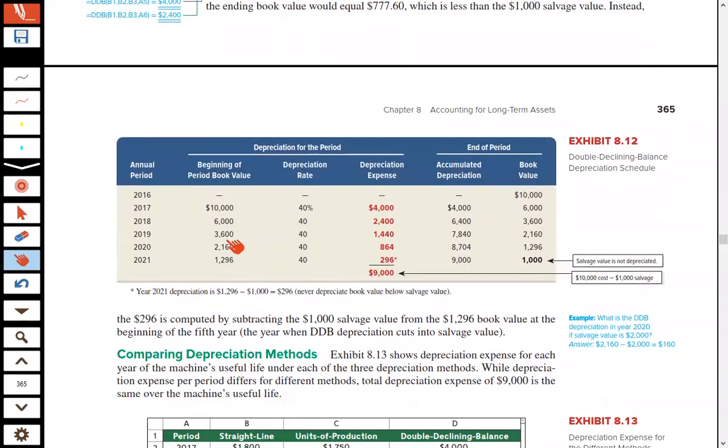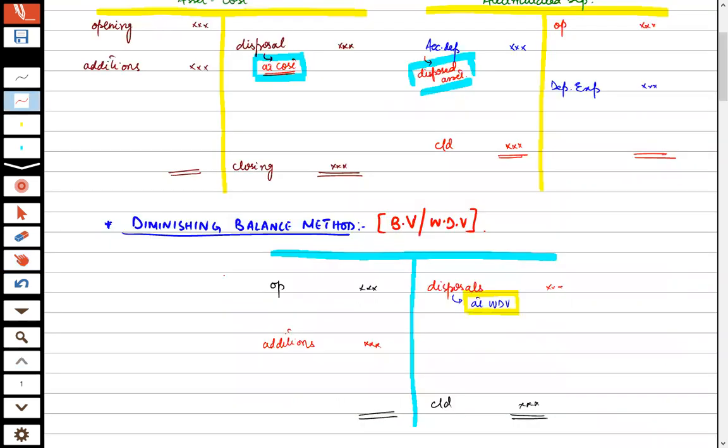Clear? Why not the initial cost? But that is not the cost. The cost is changing, and actually it is the WDV that is treated as the cost for the new asset. That's why. Getting this point? Or you may simply memorize it.